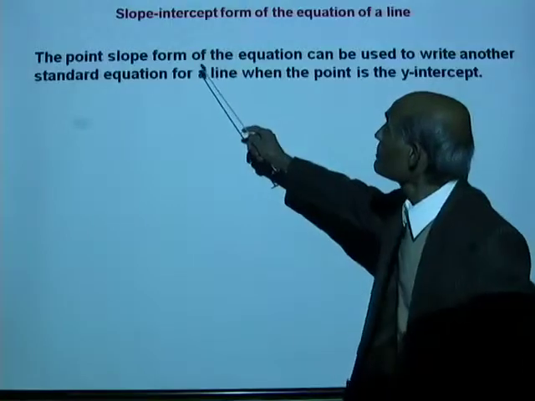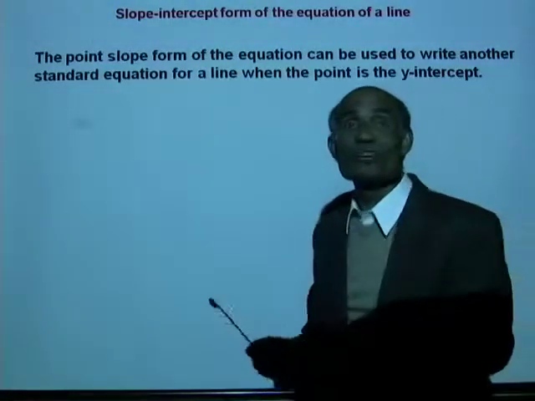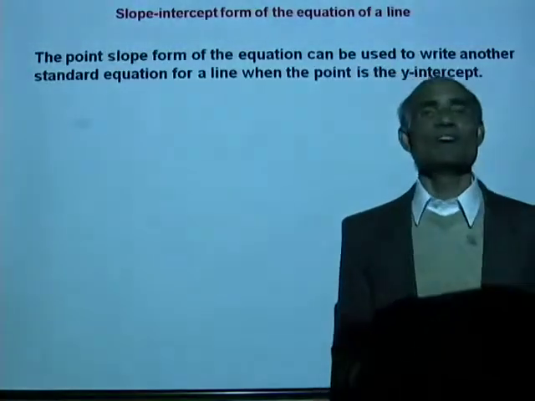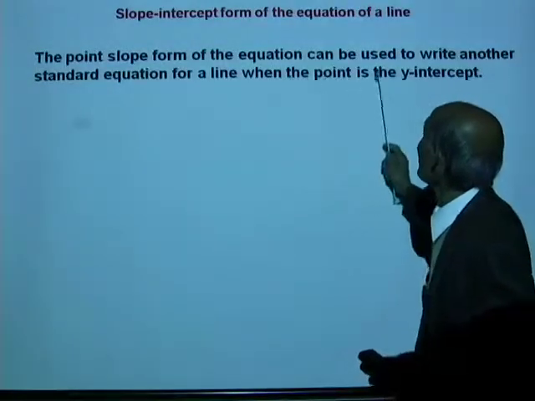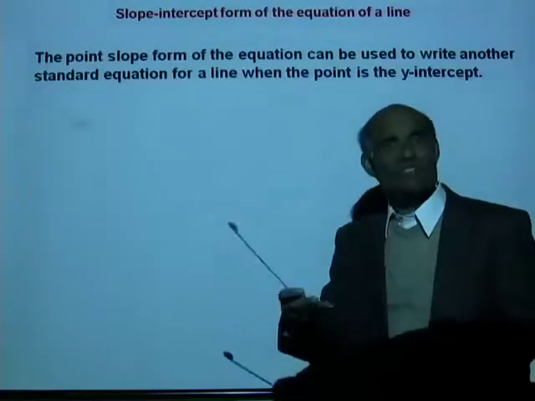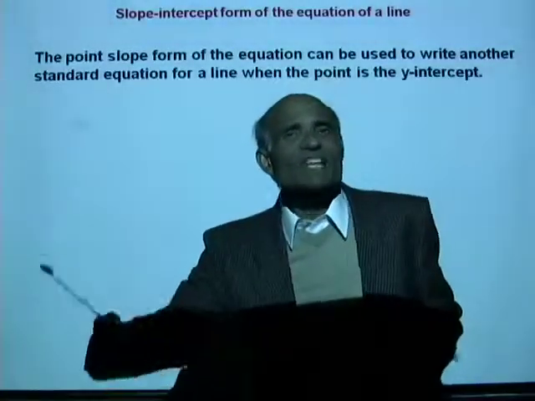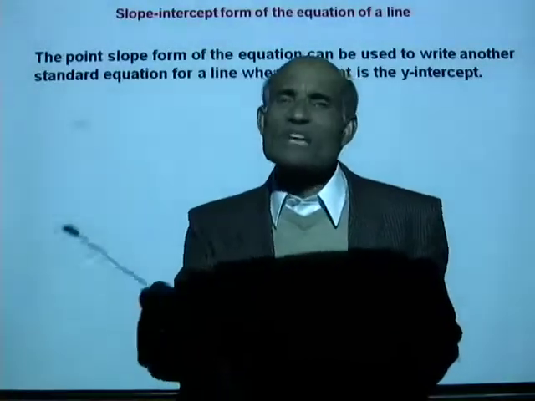Now, the point slope form of the equation can be used to write another form of the equation of a straight line. That is, we can use the y-intercept. Well, y-intercept is a point. In other words, if x1, y1 is the y-intercept, tell me, what is x at the y-intercept?